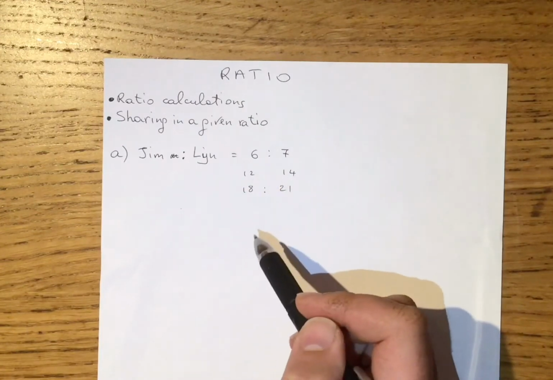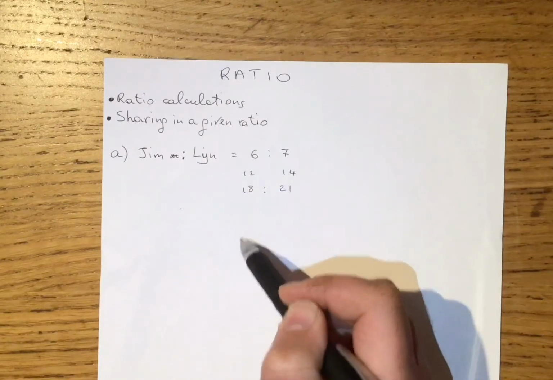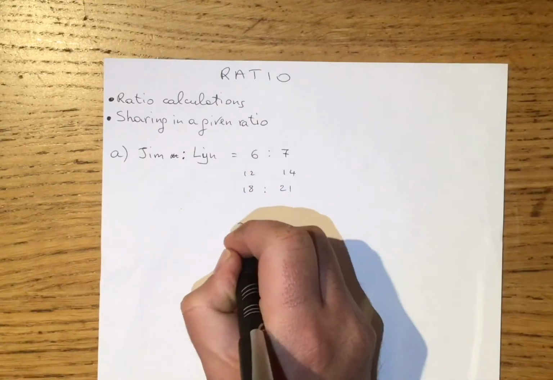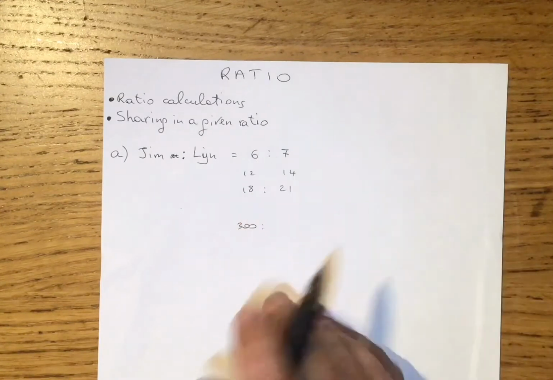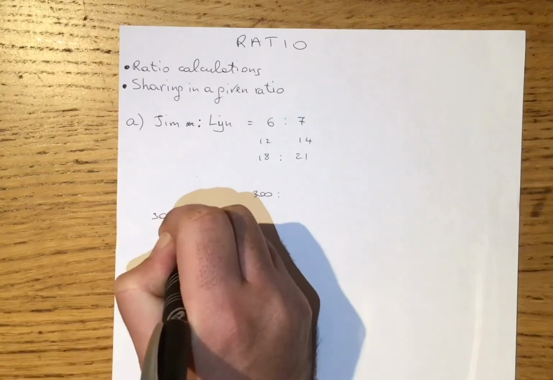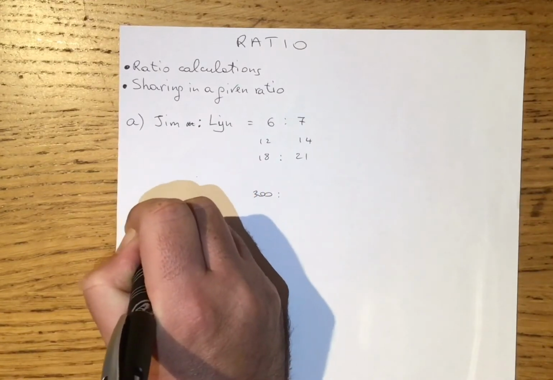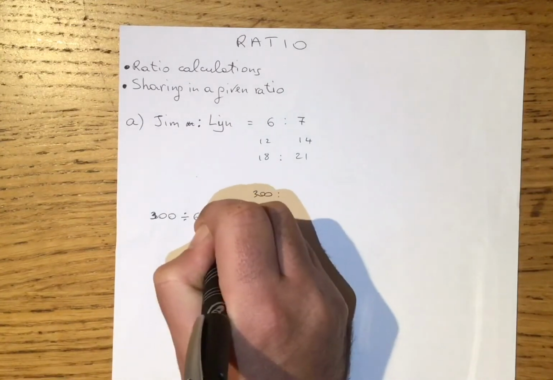But pretty much what we are doing here is asking how many sixes you need to get to 300. So in other words, divide 300 by 6 to see how many 6s you need to get to 300, and the answer is 50.